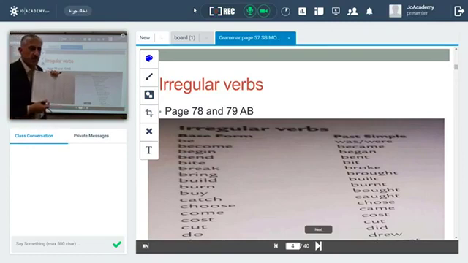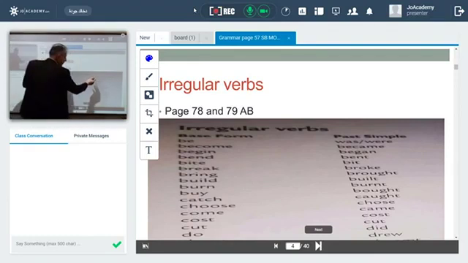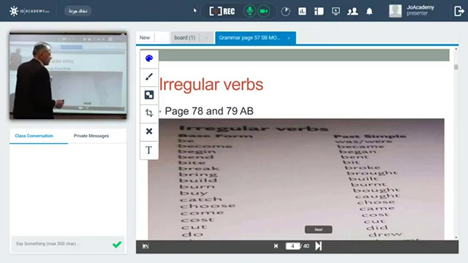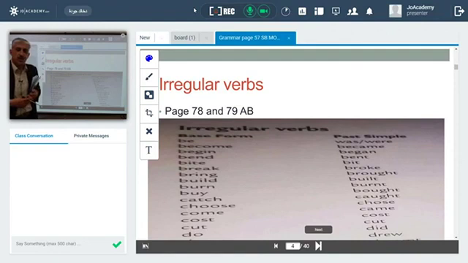It's very important for you if you want to learn English. So we have here the base form. We have past simple, and still we need to learn the past participle of these verbs. But at this level, we need only to know about the past simple of the verbs.